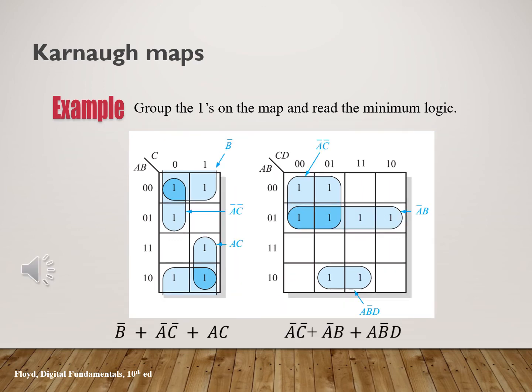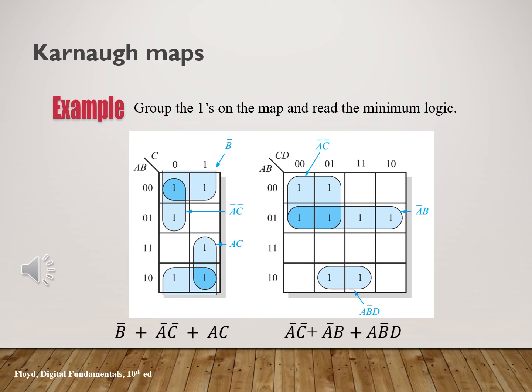So how to write the expressions here? You can see that when we combine the groups, you have 0 0 of AB and 0 of C. They are mapped with 0 1 of AB and 0 of C. So for the first column you have A bar, B bar, C bar and A bar, B, C bar.